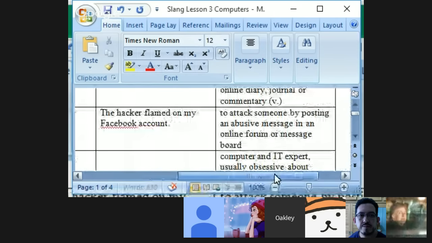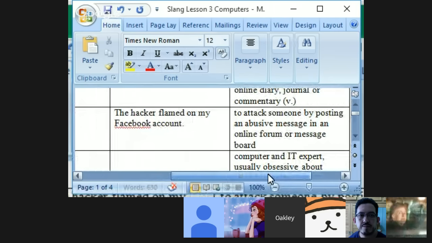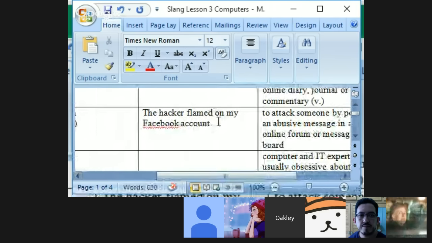Okay, wait a minute. You need an object noun here. This is definitely a transitive verb. So, Sawa, you need to say flamed me. There, that would be okay. Because notice, to attack someone.